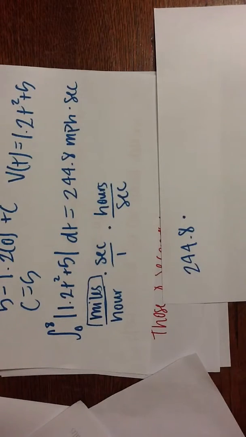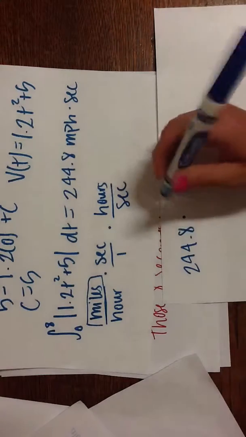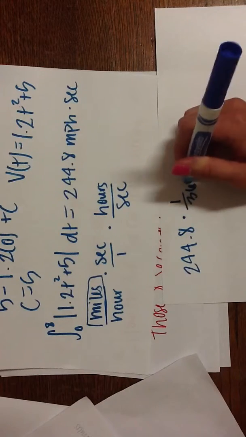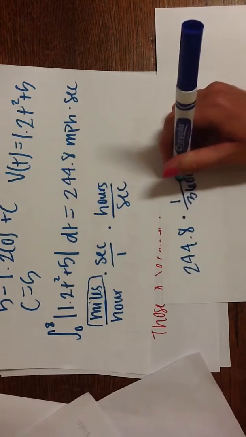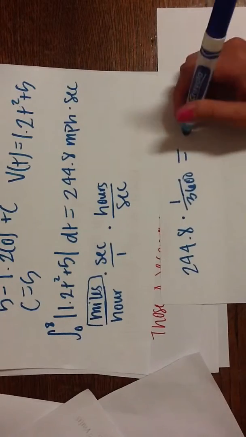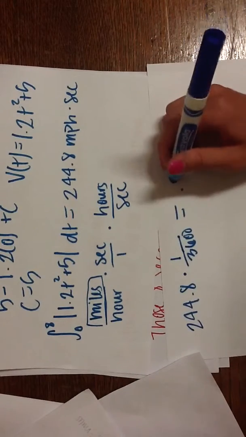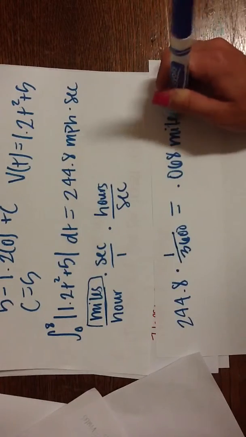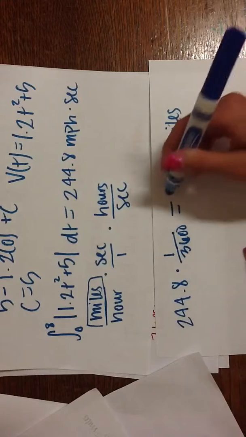We know that there's 3,600 seconds in an hour, so we can multiply this by 1 over 3,600. And by doing so, we are left with the final answer of 0.068 miles. And this is our final answer for total distance.